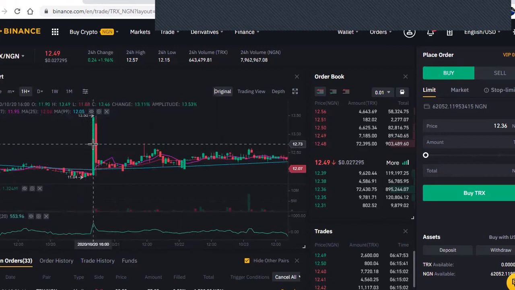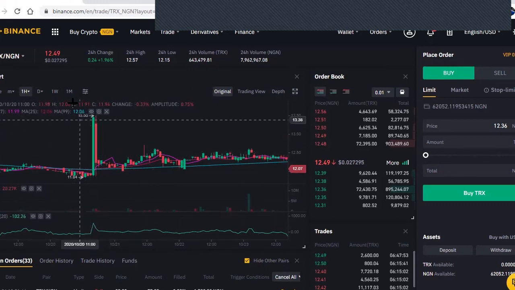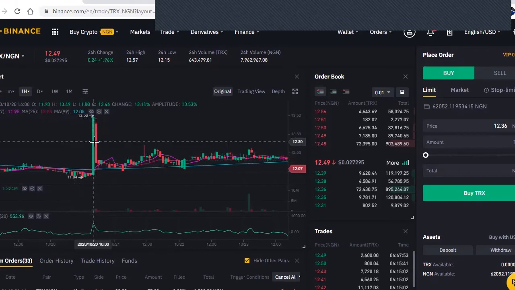If you click on this candle, it will give you 4 positions, okay? You will get 4 positions on each of the candles. So we have the open of the candle, okay? We have the high of the candle, we have the low of the candle, and we have the close of the candle, okay?